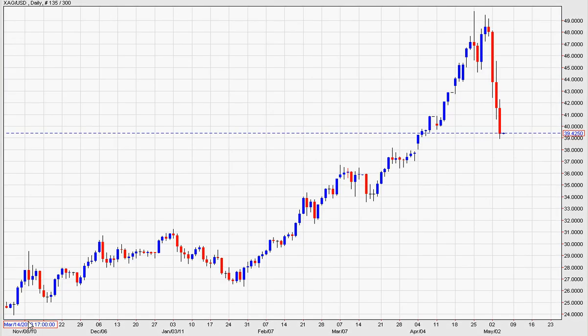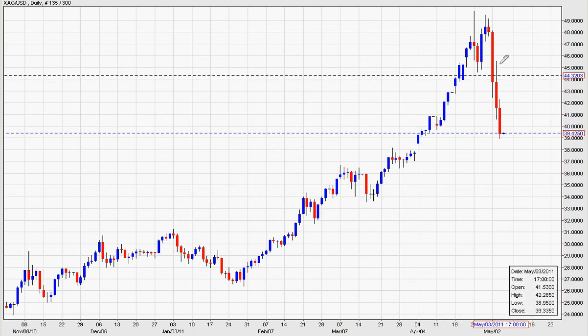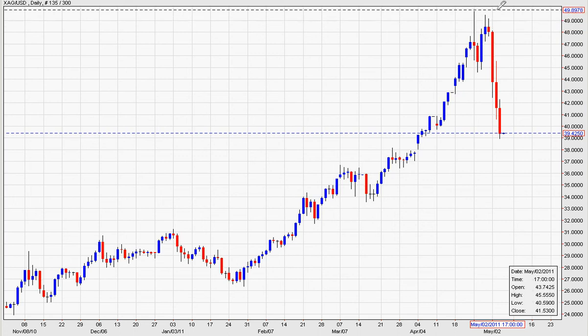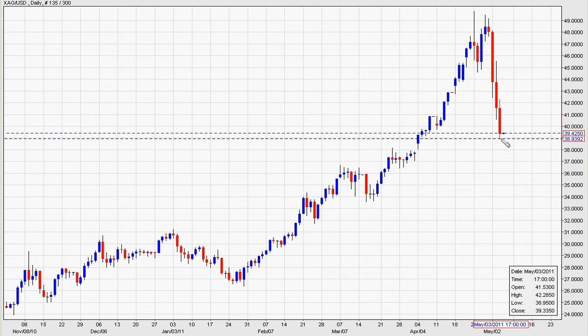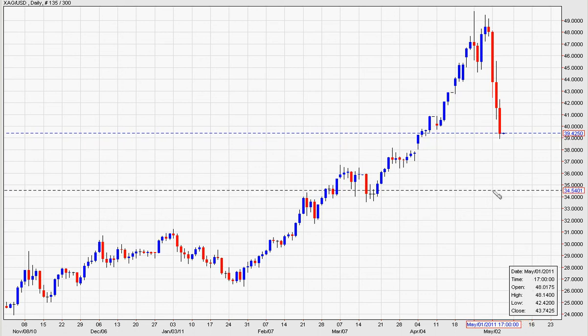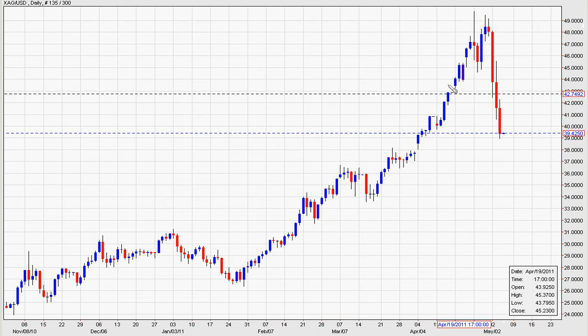And even more dramatic, but not really surprising, is silver. Silver, after actually breaking 50 on some accounts, we're all the way back to 39. And very quickly, here is the candle pattern again that I was talking about.